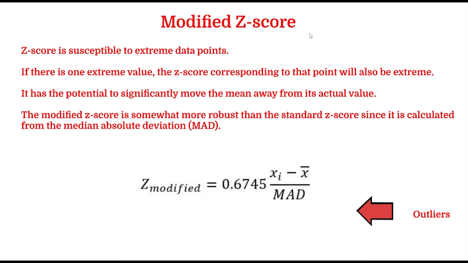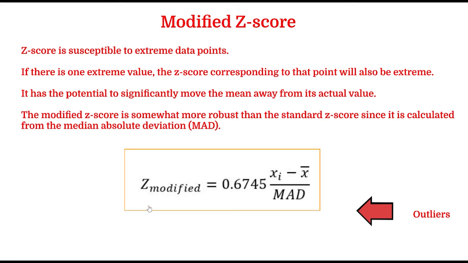On the other hand, the modified z-score is somewhat more robust than the standard z-score, since it is calculated from median absolute deviation, which is also called MAD. The formula for the modified z-score is shown here, which is 0.6745 times xi minus x bar divided by MAD.